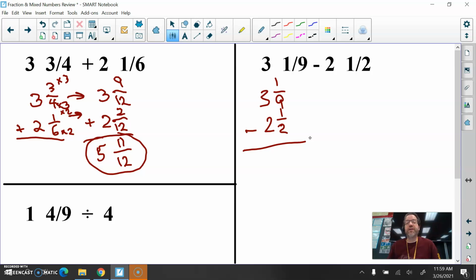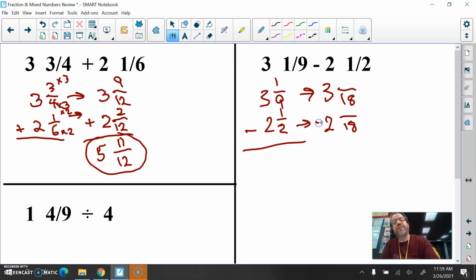I'm subtracting. Now, to subtract these, I do need a common denominator again, and the least common denominator, which is the least common multiple of these two denominators, would be 18. So let's go ahead and rewrite this as 3 and something over 18, and this one as 2 and something over 18.